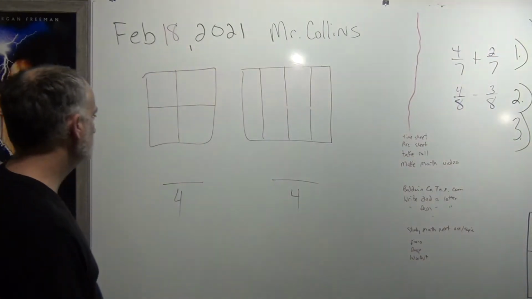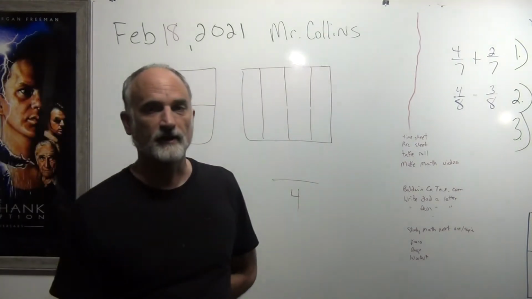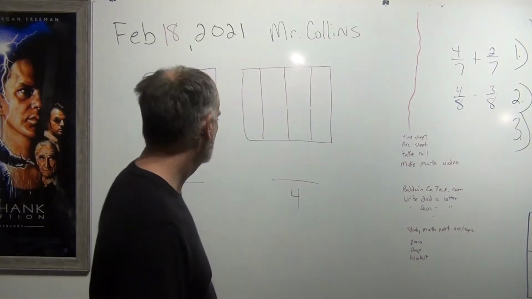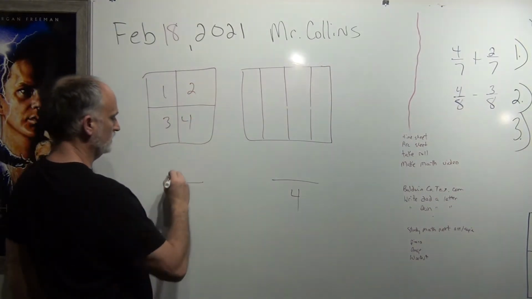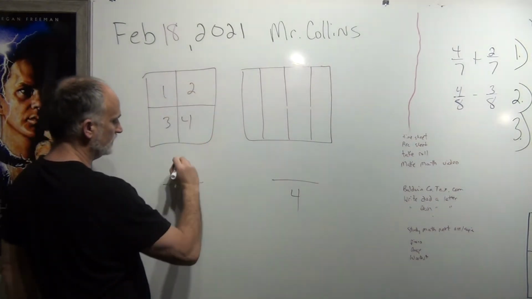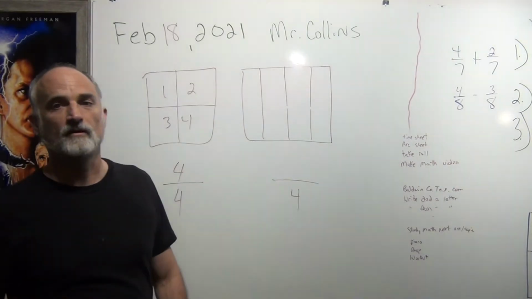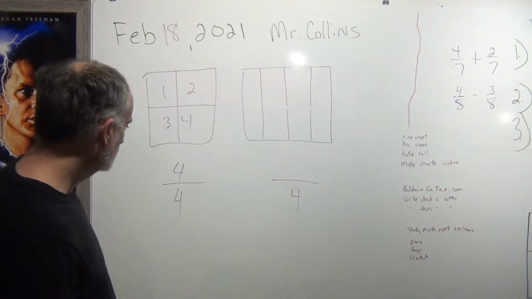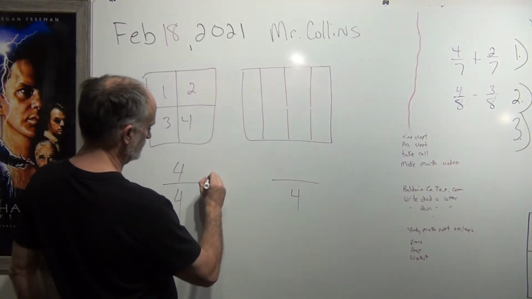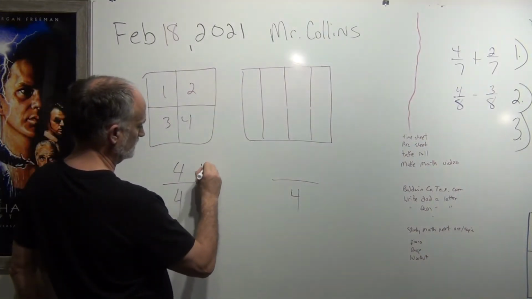Let's talk about this more for a minute, okay? 1, 2, 3, 4. If I shaded in the whole thing, that would be 4/4. What's another way of saying 4/4? Well, look at what I do.